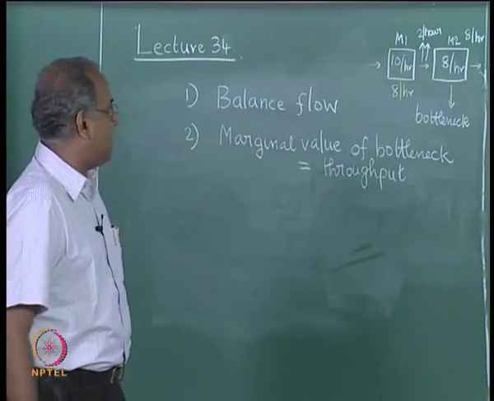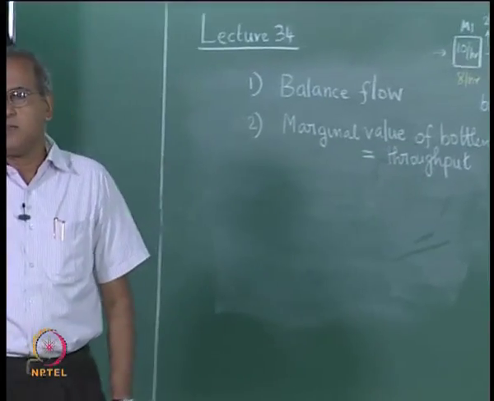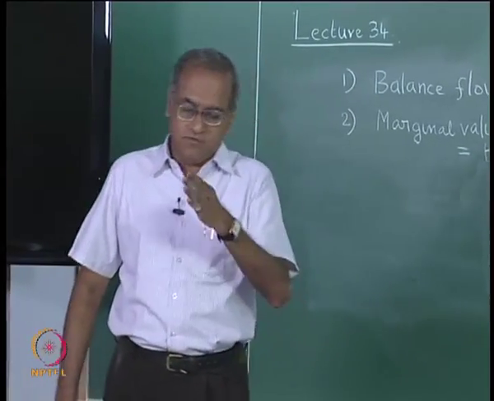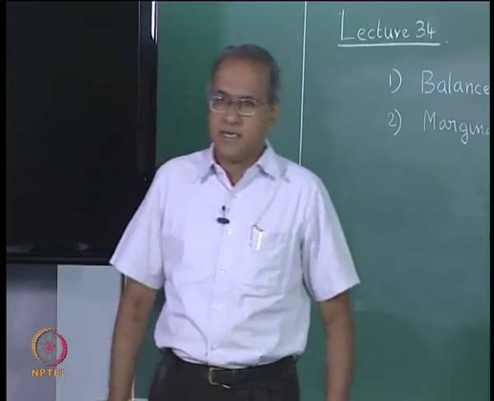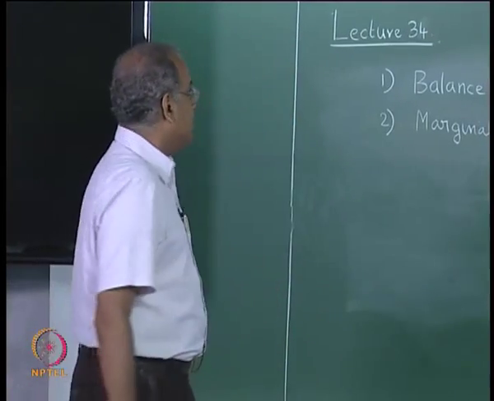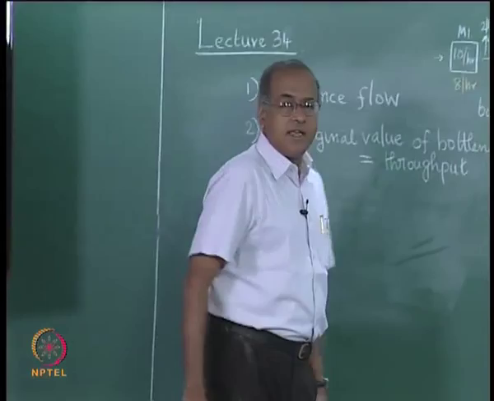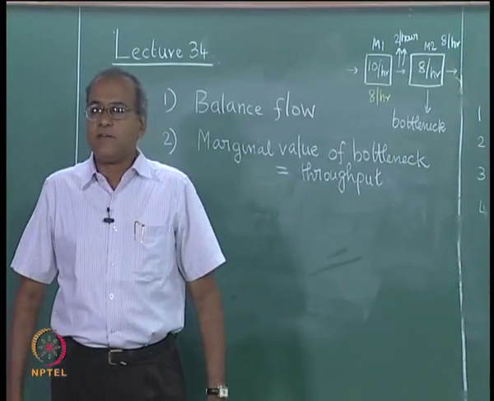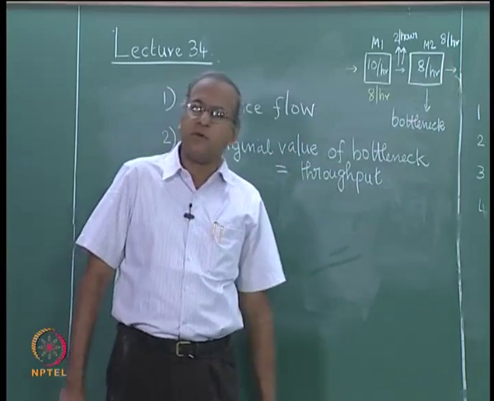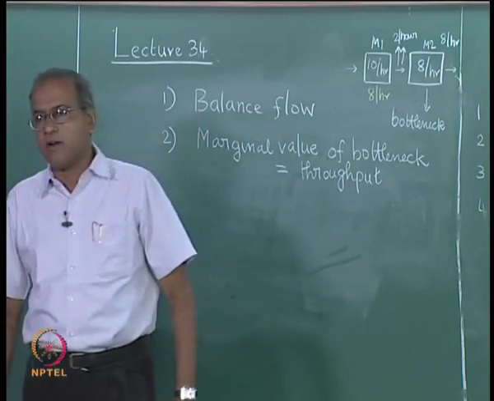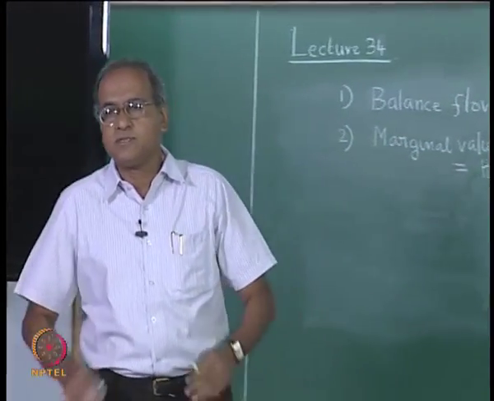So, per hour we will be able to produce 8 units. So, if the profit is 10, the throughput is 80 per hour. But then if we want to increase the throughput, we have to increase capacity on this machine and make it produce, let us say, instead of 8 per hour, say 9 per hour.